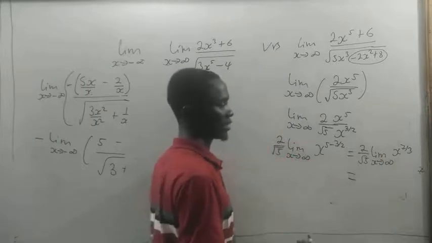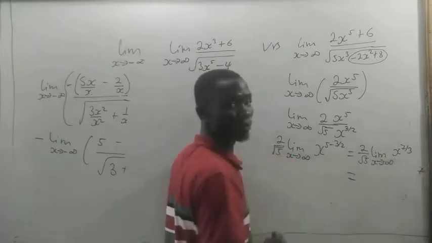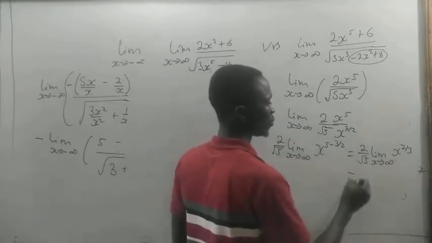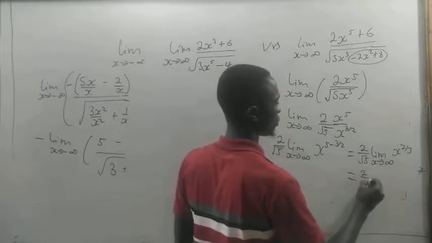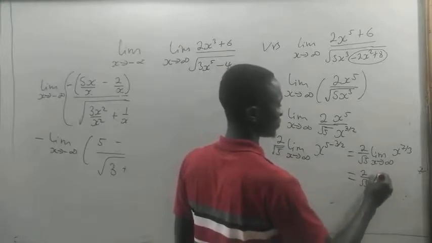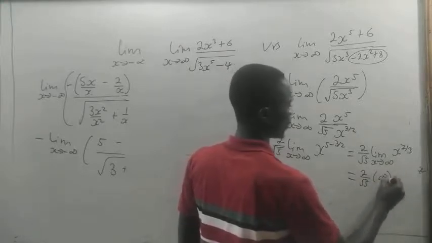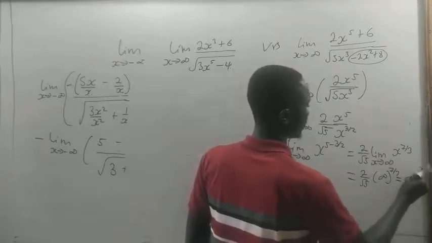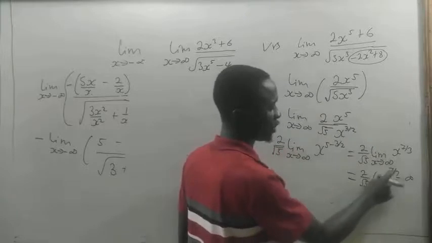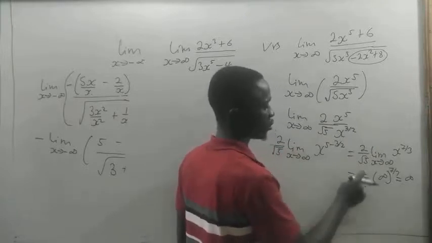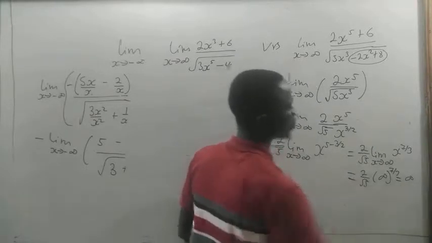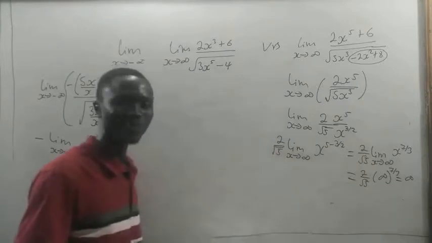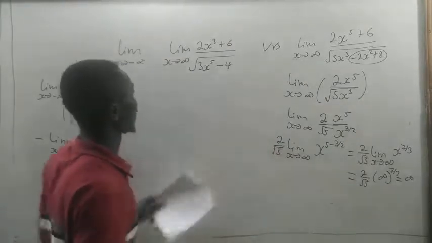And if you have watched lesson 1, this will approach positive infinity. So we are going to get 2 on root 5 times infinity to the power 7 on 3. And that will give us infinity, because infinity to the power 7 on 3 is infinity. 2 on root 5 times infinity will still be infinity. Very simple.